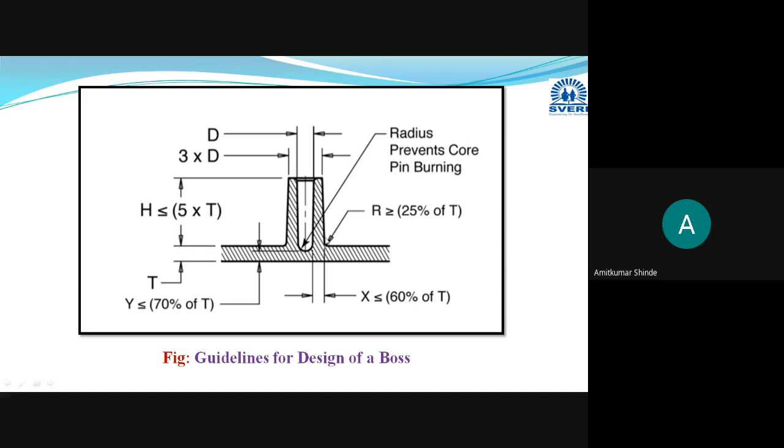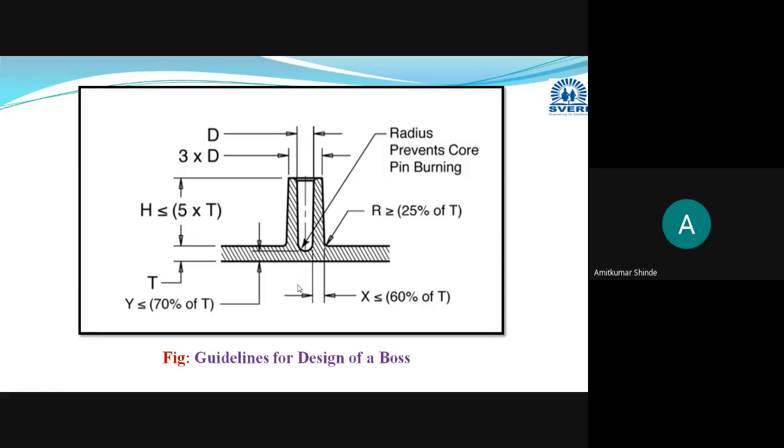And the fillet or radius should be at least 25% of the wall thickness. It can be greater than that, but the least value should be 25% of the wall thickness. These points you have to take into consideration while designing a boss.